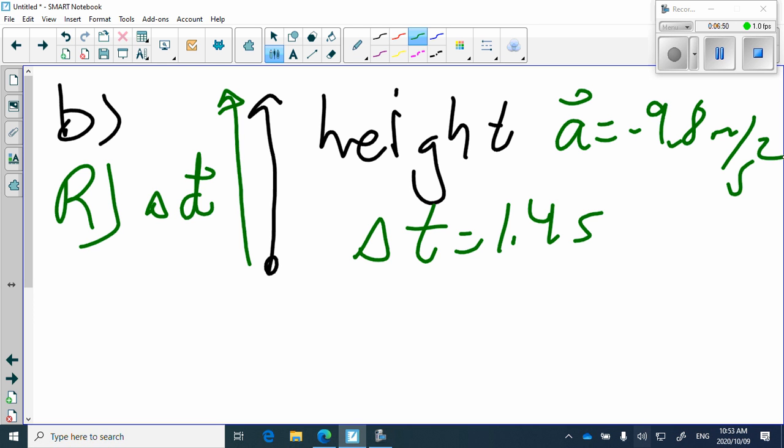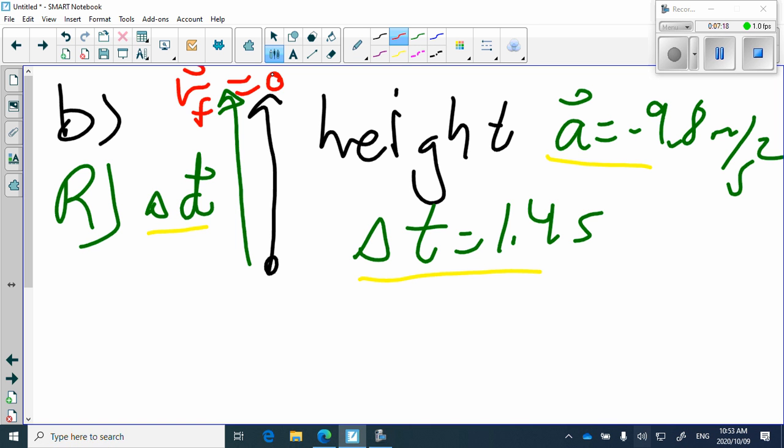So is there an equation out there that will let you calculate displacement if you know acceleration is negative 9.8 meters per second squared, if you know the time it took to get to that spot is 1.4 seconds, and importantly, when it gets there, its velocity is 0?